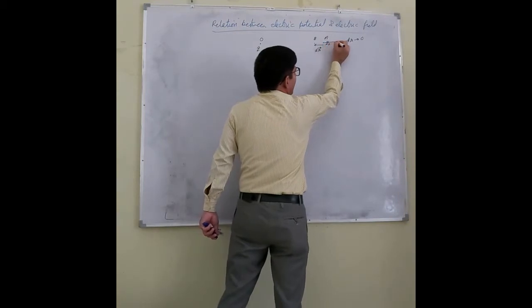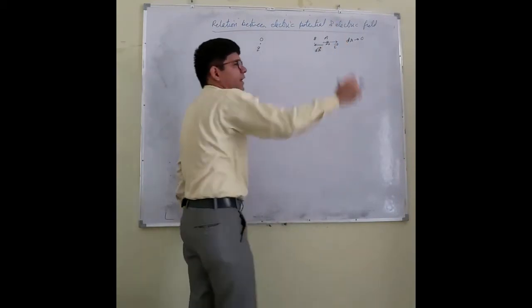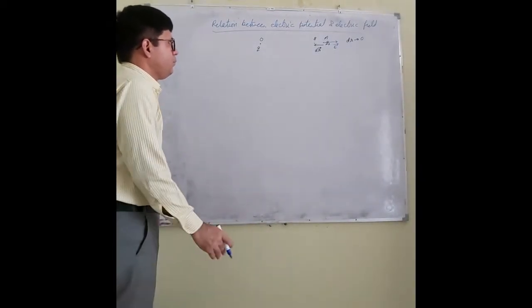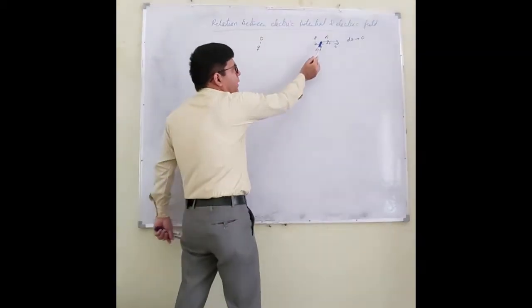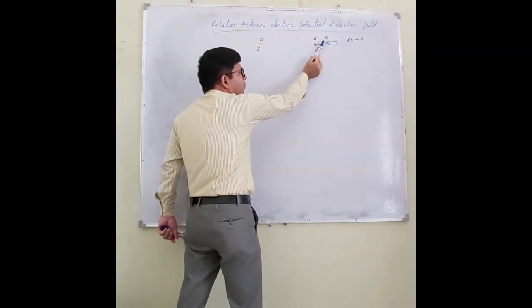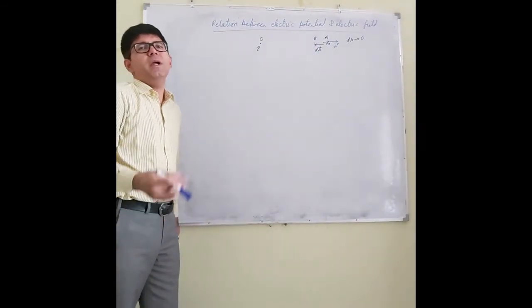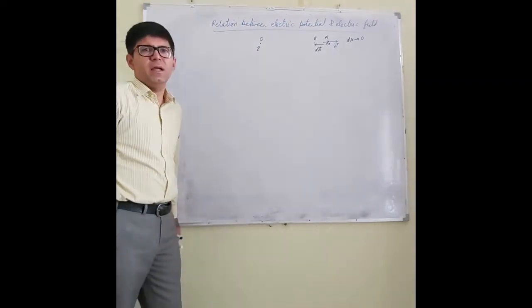The direction of electric field is in this direction, because it is repelling. Now, if I want to bring charge Q naught from A to B, we have to do some work against the electric field.